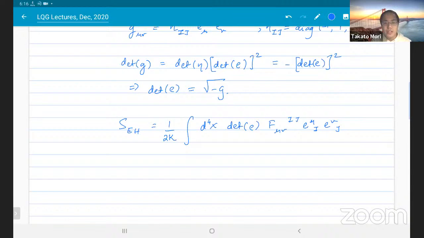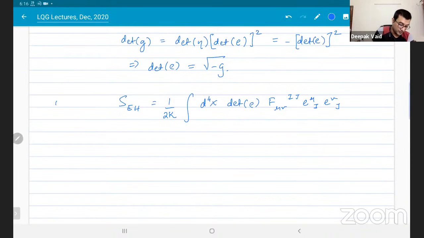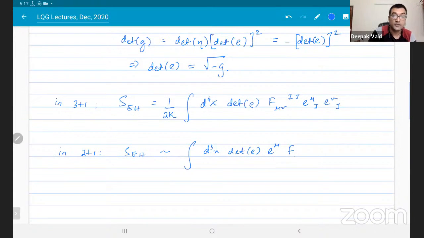Is this action valid for any dimensions or only for... No, so this is for 4 dimensions. So this is for 3 plus 1. If you look at 2 plus 1, for instance, there it looks like this, I believe: det E, and then you have 1 copy of the tetrad, E mu I. Let me look at, Romano has a nice, right, looks like this.